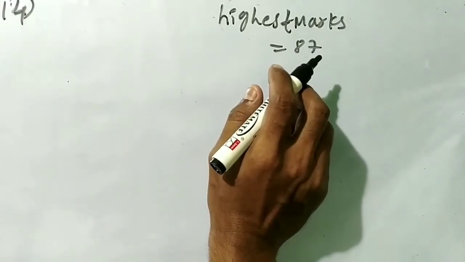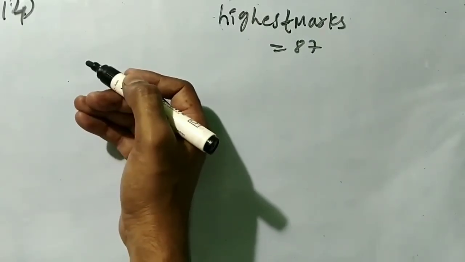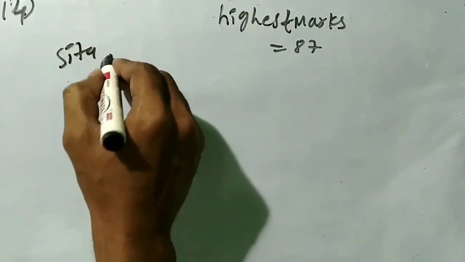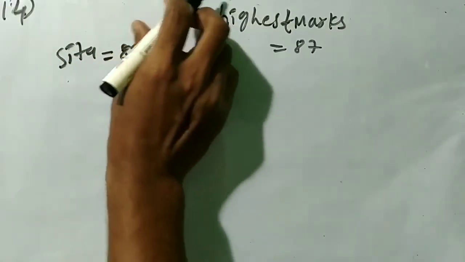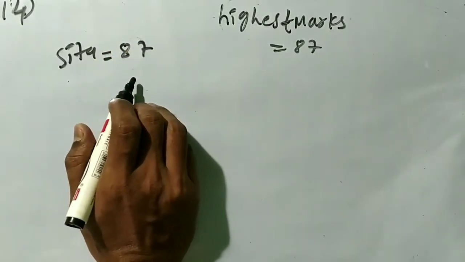Let us think Sita, an easy name. So Sita got 87, the highest in her class, and Sita's 87 is twice the lowest marks plus 7.